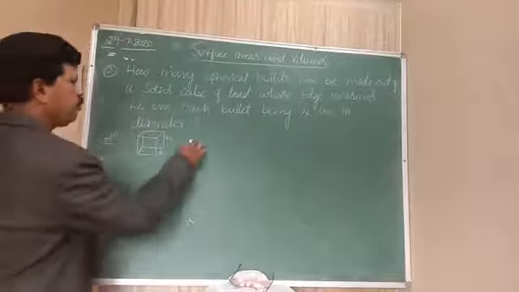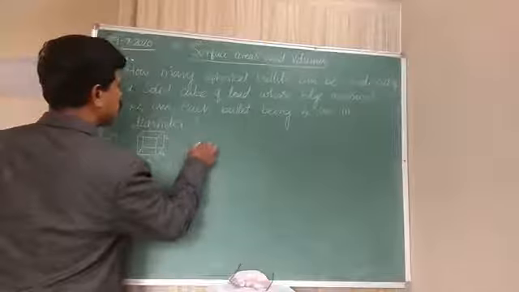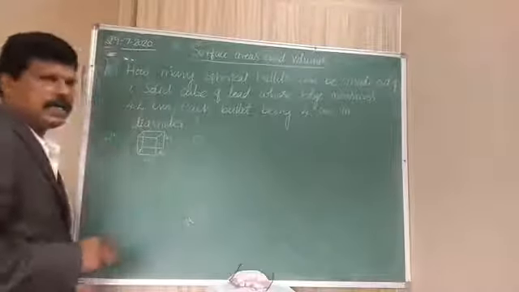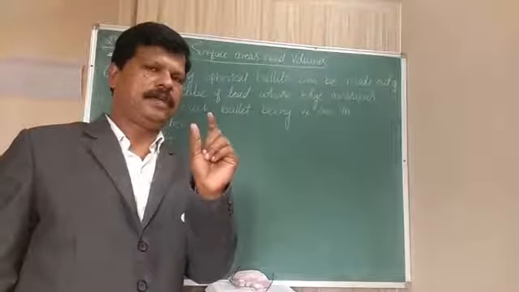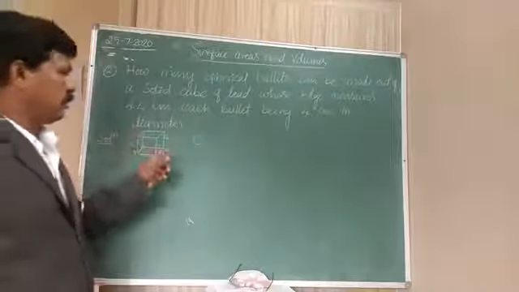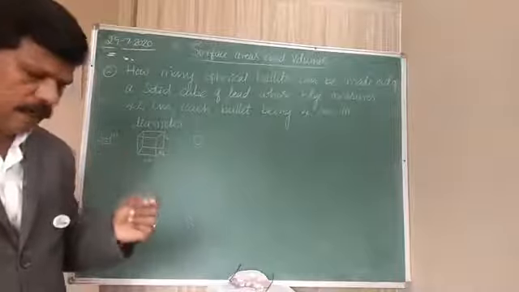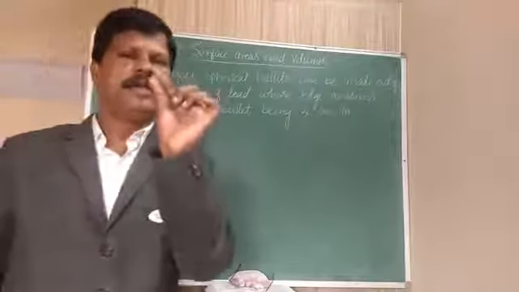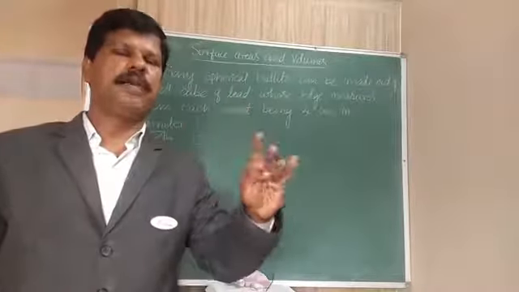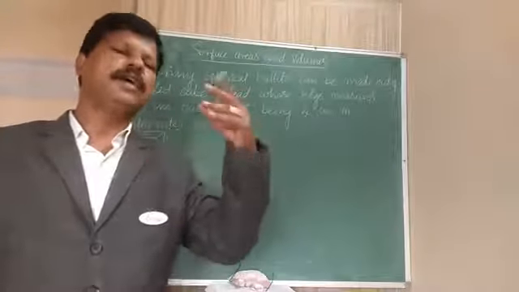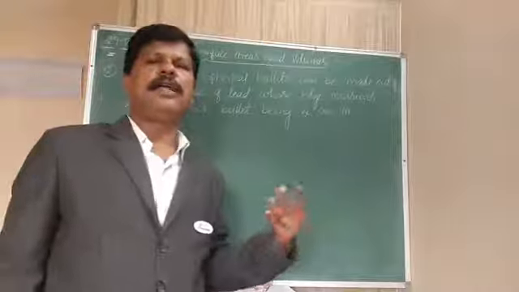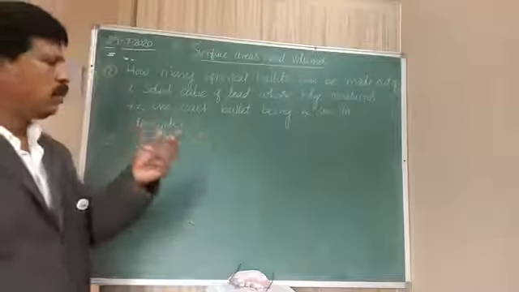That means we have to make bullets. You know the bullets? The ball bearing balls are called bullets, right? Spherical bullets. A cycle's ball bearing is small, and a bullet vehicle's ball bearing is bigger than the cycle one. Even for a lorry, the ball bearing bullets are bigger.